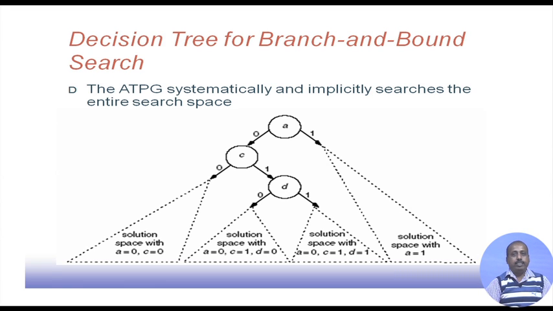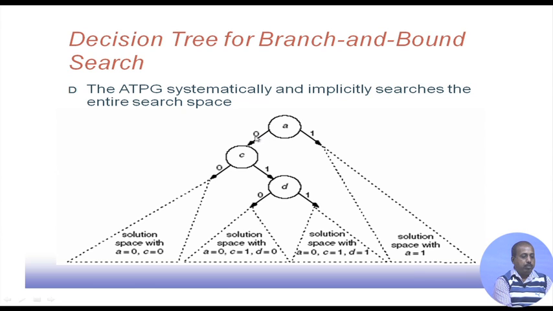Now, how can the test generation process work? Suppose that ATPG systematically and implicitly searches the entire search space. This is my search space. First it will take up some variable and put it to value 0.